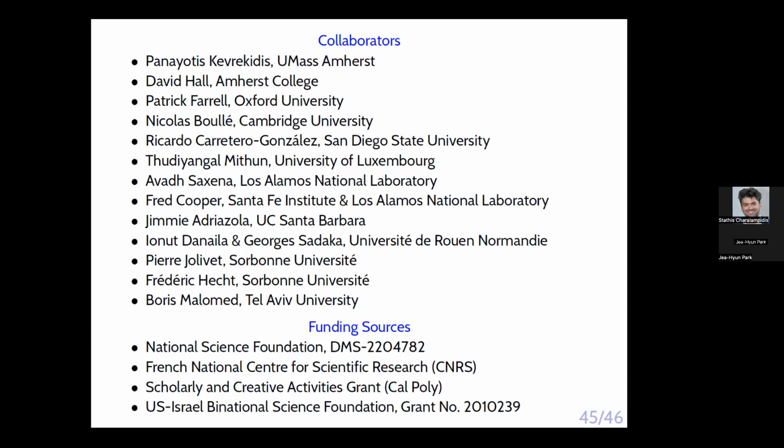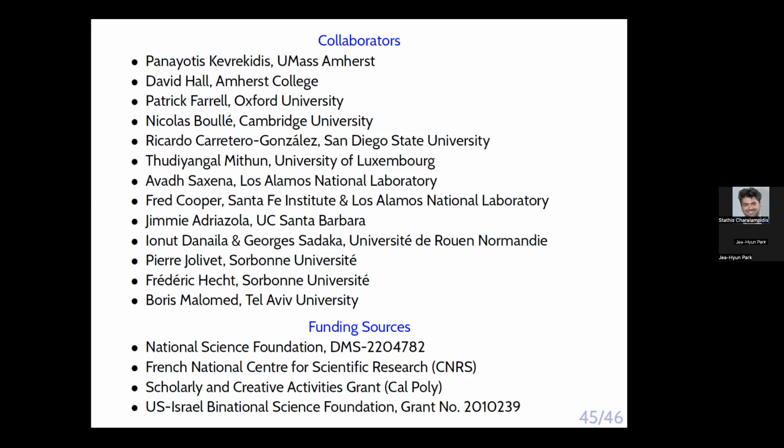And then the French group, Youness Danal and Georges Sadaka at the University of Rouen. Pierre Jolivet, who was the guy who actually ported PETSc and SLEPc with FreeFem. Frédéric Hecht, who is one of the main developers of FreeFem back in the 80s. And Boris Malomed, who is the leading figure in optics and PDEs, with whom we have been having so many great exchanges scientifically and many other things.